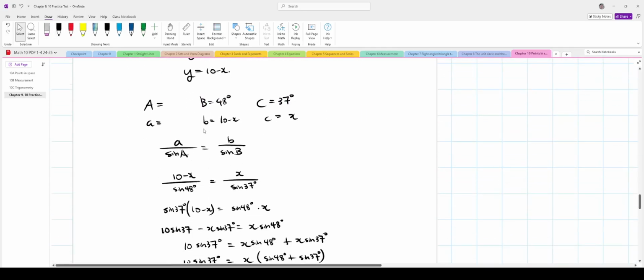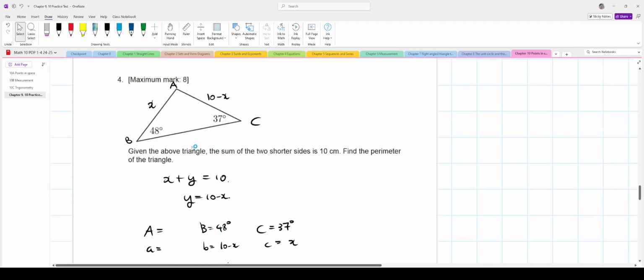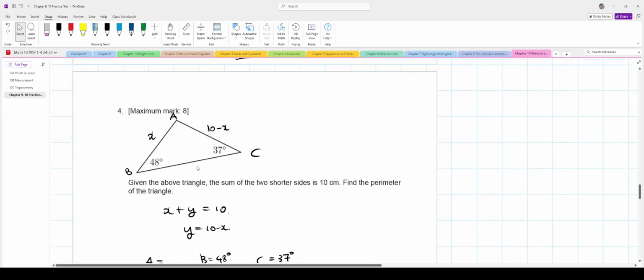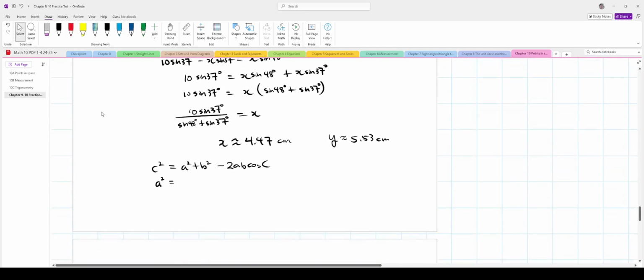And then we know the lengths b and c as well as the, well actually my bad, we can't use that yet. I guess we can find the angle A here by doing 180 minus 48 minus 37. Angle A is going to be 95 degrees. So plug in the values.